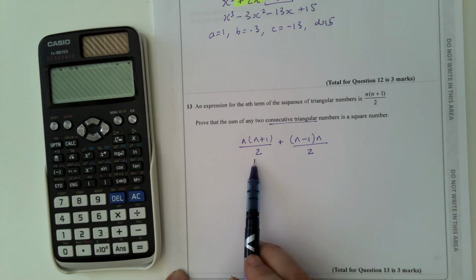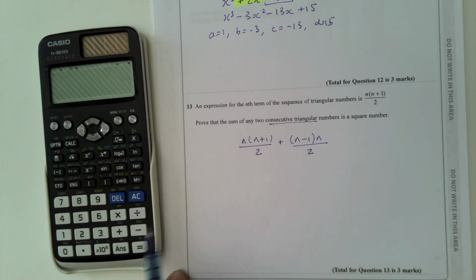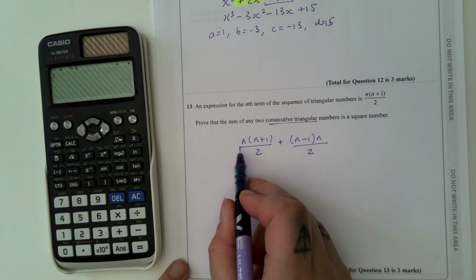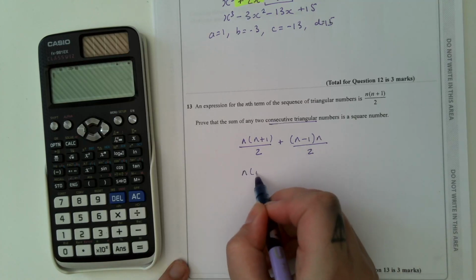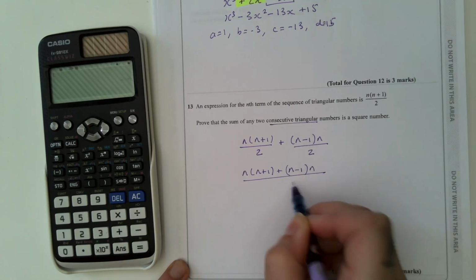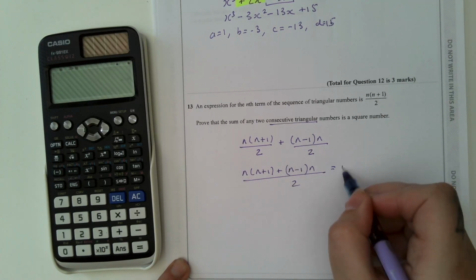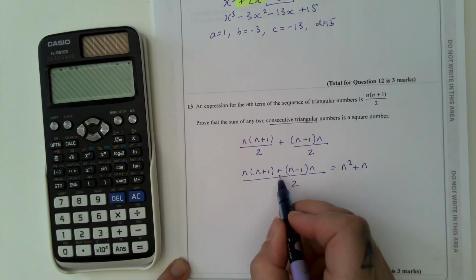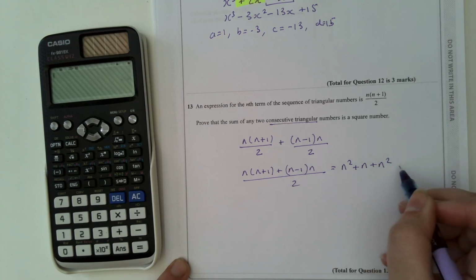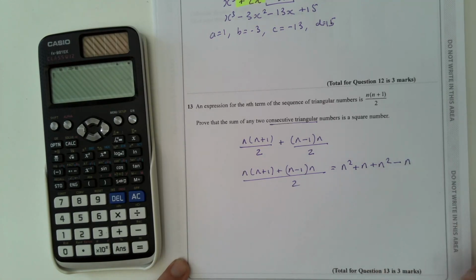Now, fortunately, we're adding two fractions that have the same denominator. So we're going to write it all over that common denominator. And then I'm going to expand the top. So we get n squared plus n. And then we've got plus n squared minus n.